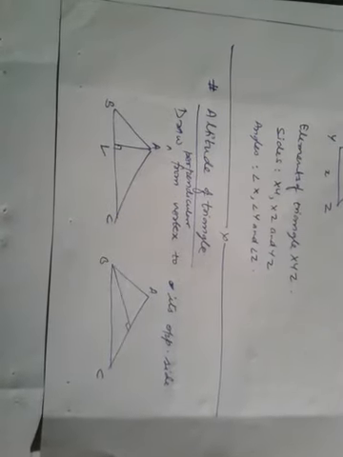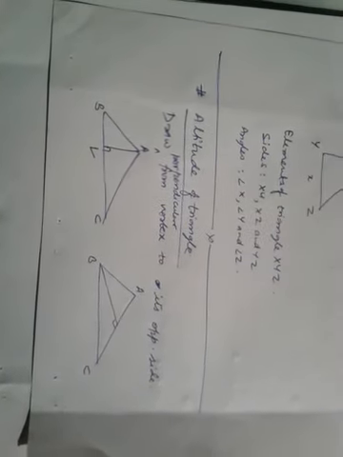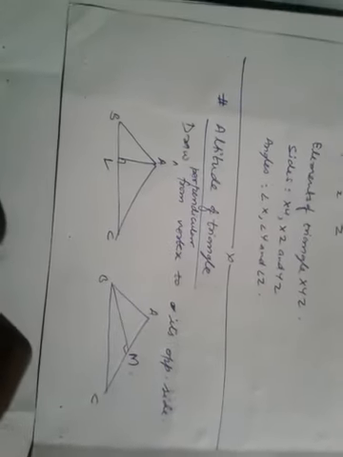Suppose we consider A, and the opposite side is BC. We draw the altitude from A to BC. This is the altitude AL. Again, for vertex B, the opposite side is AC, so we can draw the altitude BM. Like this you can draw altitudes in a triangle.